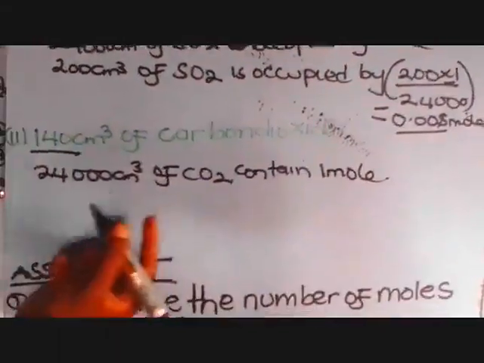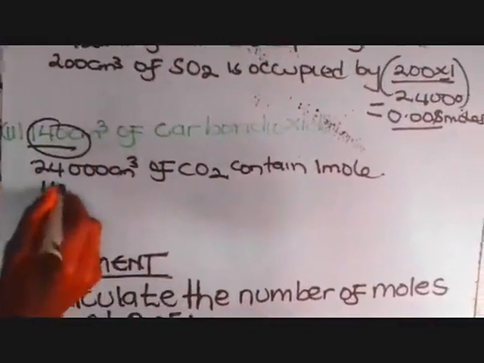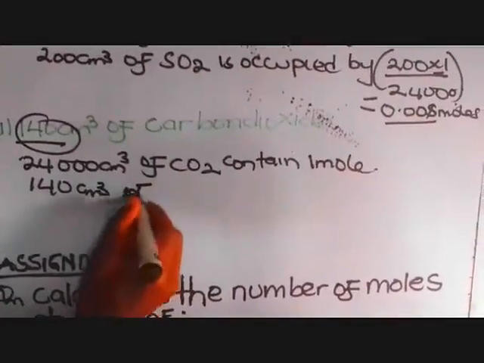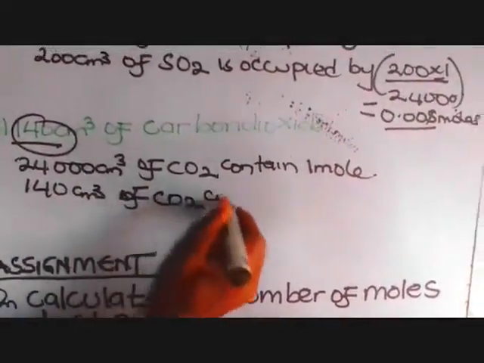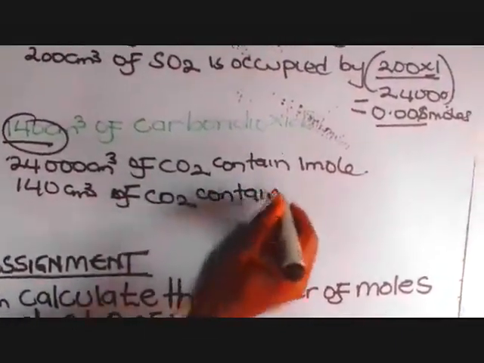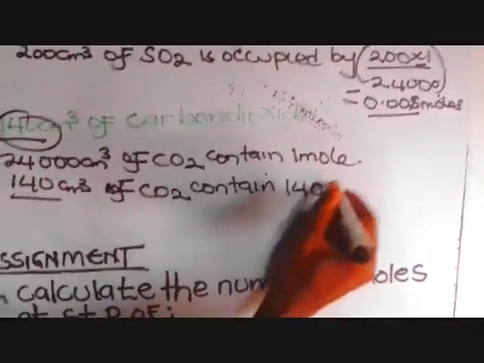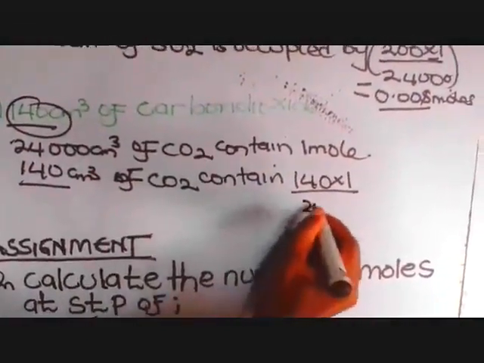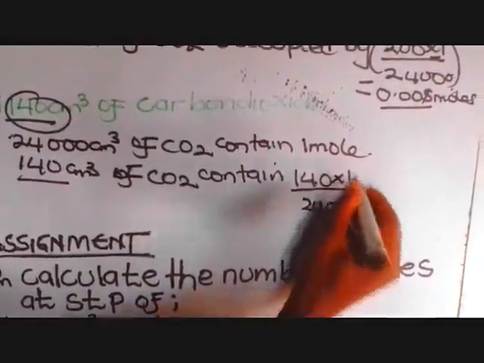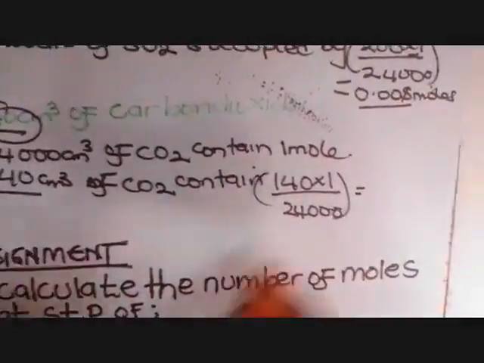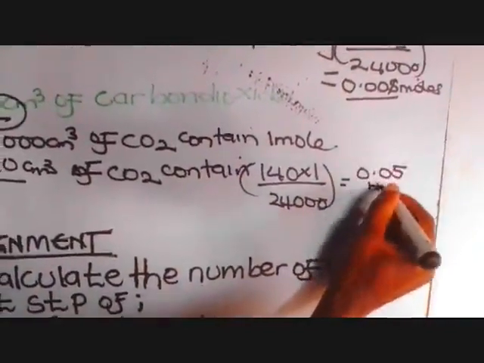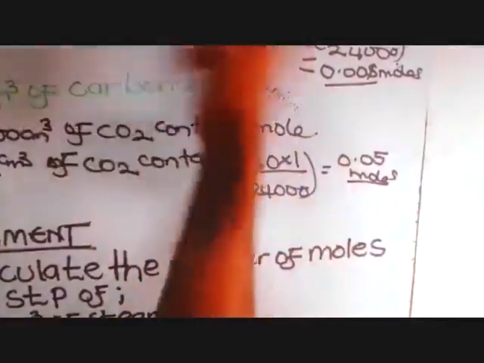Then what about the volume in the question? What about 140 cubic centimeters of the same carbon dioxide contain? Remember, we cross multiply, don't forget that. We have that times that. So we have 140 times 1 out of 24,000, like that. And our answer, when you place your calculator, we shall obtain 0.005 moles. Remember, we are calculating moles in our lesson today.